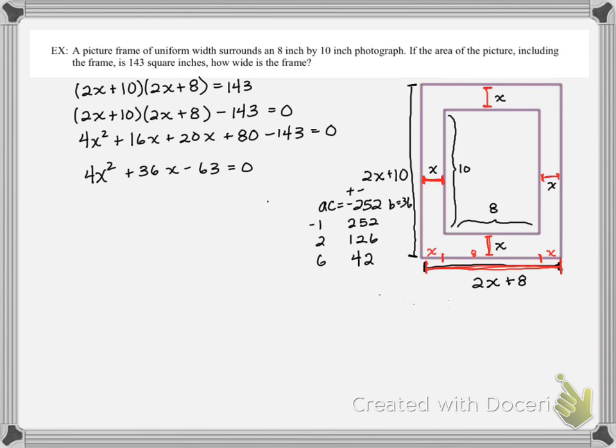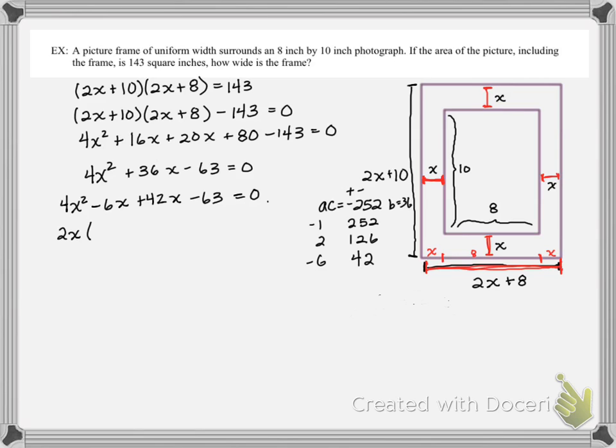So we're going to use negative 6 and positive 42. We cannot use a shortcut here. The shortcut that I showed you is not applicable here because of this 4. So we just do it the long way. So 4x squared minus 6x plus 42x minus 63 equals 0.